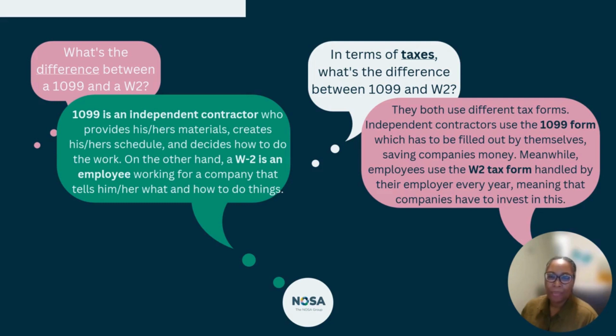And let's jump into the second part of this question: in terms of taxes, what's the difference between 1099 and W-2? So this could be a little bit tricky, but some of the main differences that we've seen are that traditionally 1099s don't have taxes taken out.